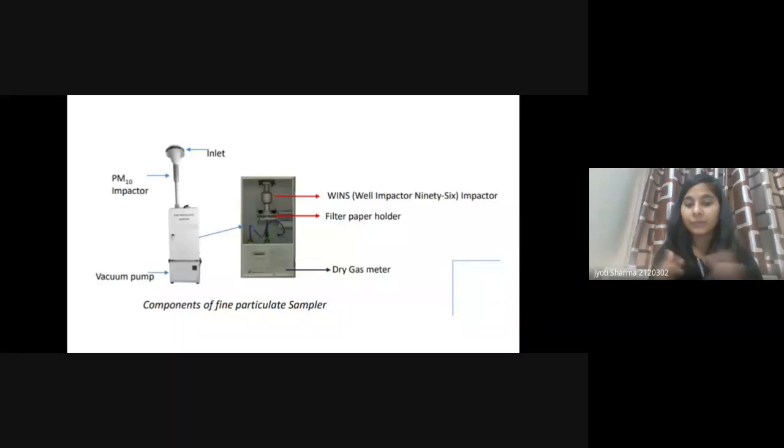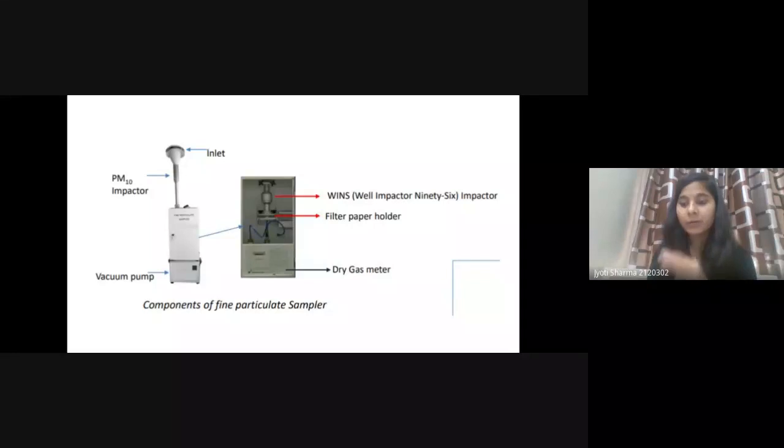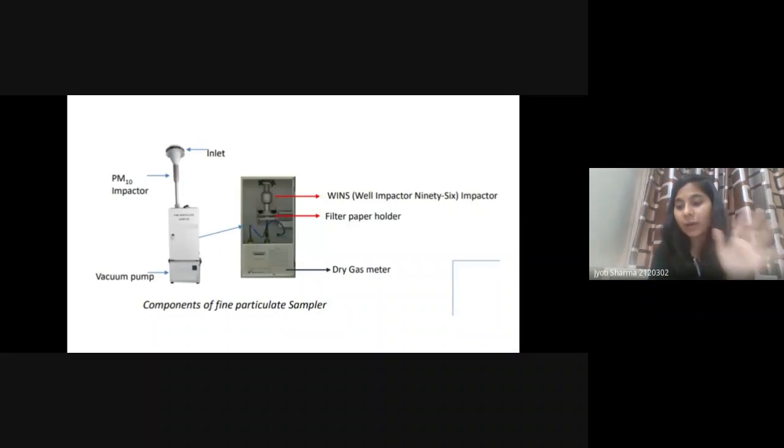After some time we can measure the weight of that filter paper. So this is how we can know what mass has been aggregated after some time. Weighing this filter paper before sampling and after sampling will give you the mass of the particulate matter. Then if you have the flow rate and time, you can calculate the volume. So if you have mass and volume, you can tell the value in microgram per meter cube.